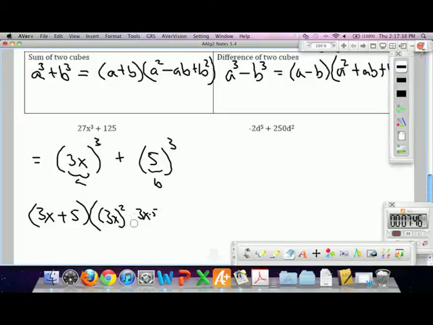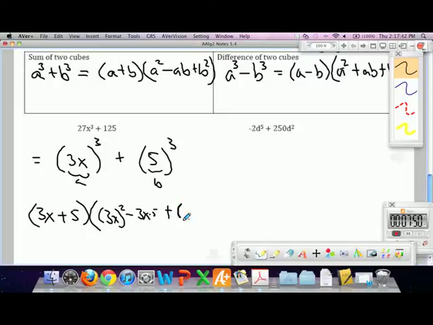And we'll simplify this just to clean things up. So you have 3x plus 5. 3x squared is 9x squared. 3x times 5 is 15x. And 5 squared is 25. We'd be using the special factoring pattern to factor this down.